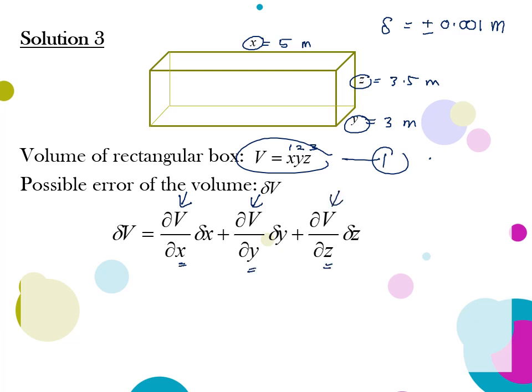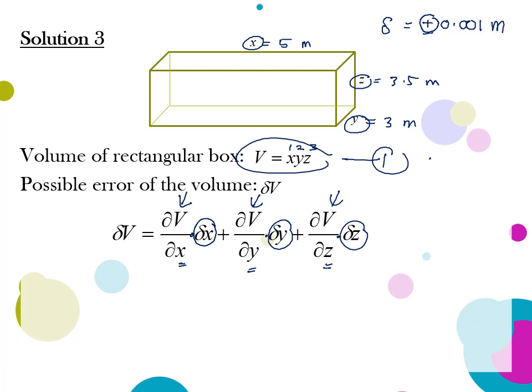Each partial is multiplied with the increment, the error of each measurement. Since it asks for the maximum error, we will just consider the positive.